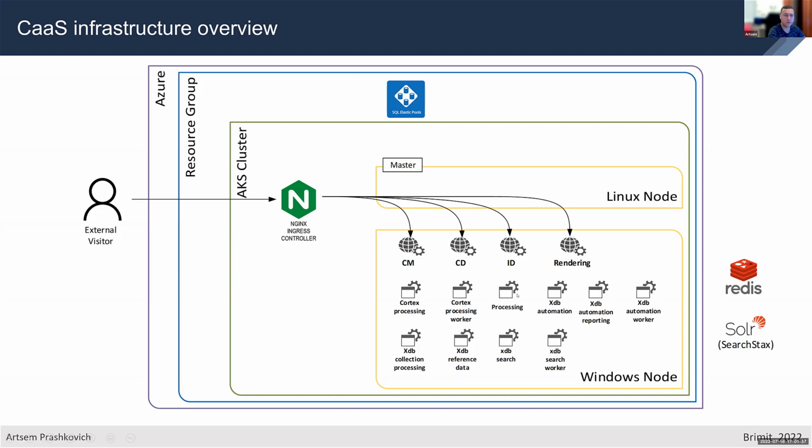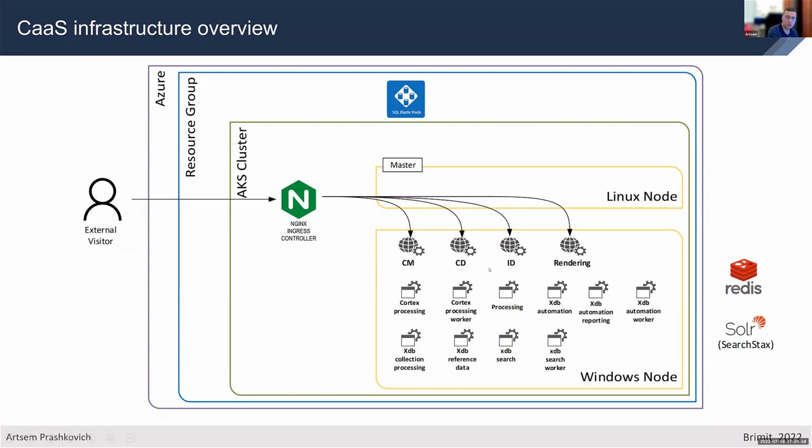All requests from the outside go to the Nginx ingress controller, and using some rules, it routes the request to the corresponding service or pod.